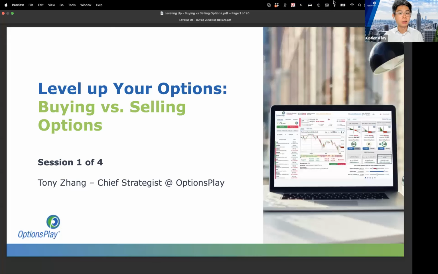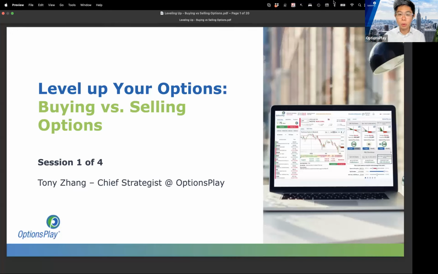This is a session that is equally useful for beginners and for those of you that have experience trading options, to review and make sure you understand the fundamentals of these types of strategies before you go ahead and embark on trading more complex strategies. This way, when you do trade more complex strategies, you have a better grasp of how they work.